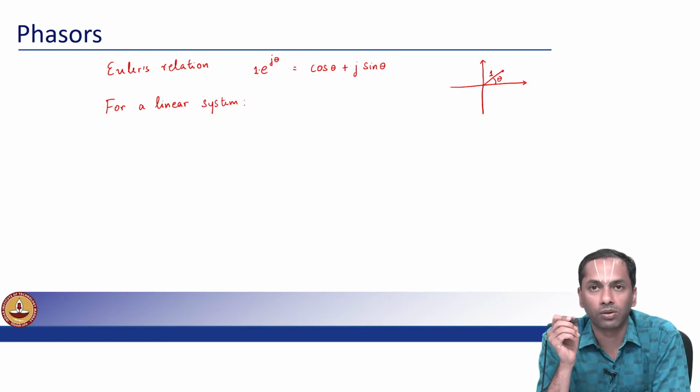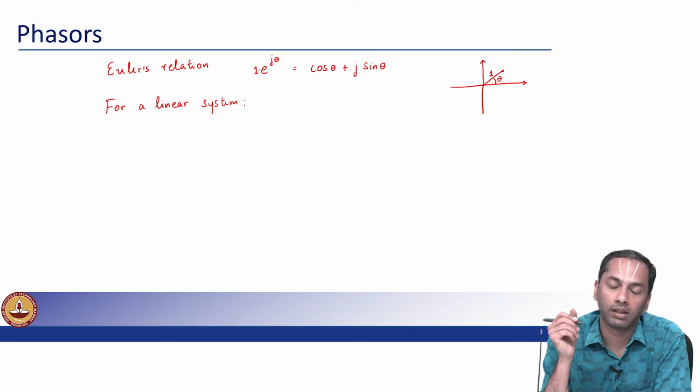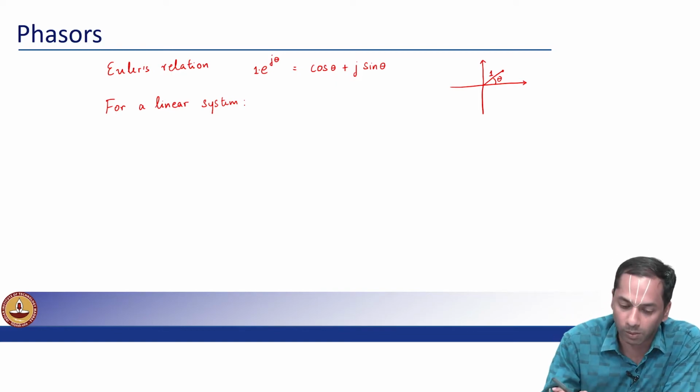Even the outputs generated by the system have the same frequency omega as the input excitation, and no new frequencies are generated. This is true for any linear system, and since we are looking at transmission lines, which are mostly modeled with components like resistors, inductors and capacitors, which are all linear elements, we can say that this condition is applicable for the case of studying transmission lines in the frequency domain, right?